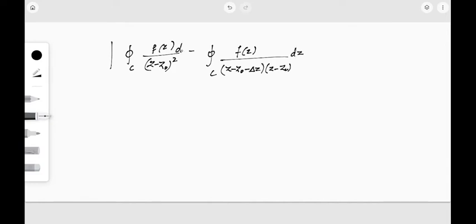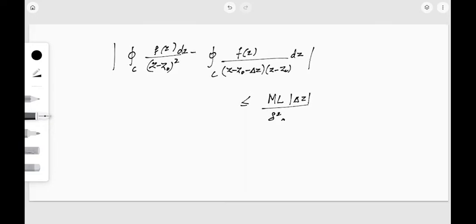Sorry, this d is over here. This will be less than or equal to ML into modulus of delta z by delta square into 2 by our corresponding value, that was into delta by 2.